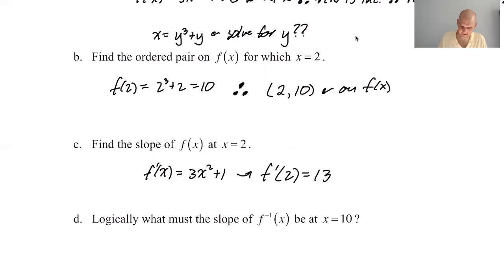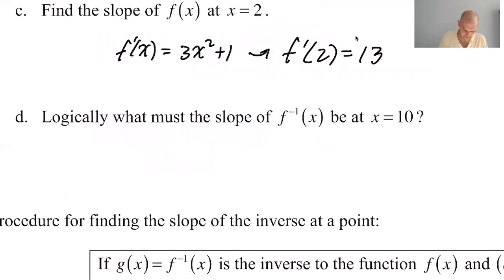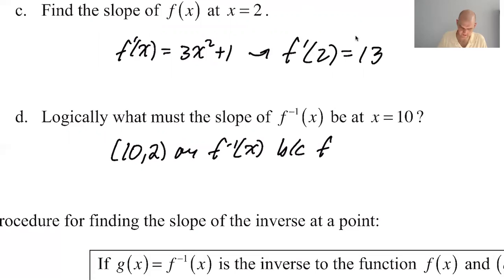If (2, 10) is on f of x, then what point is on f inverse of x? If (2, 10) is on f of x, then (10, 2) is on f inverse. I'm going to write because (2, 10) is on f of x. And then, what notation are we going to use here? Perhaps f inverse of x prime?